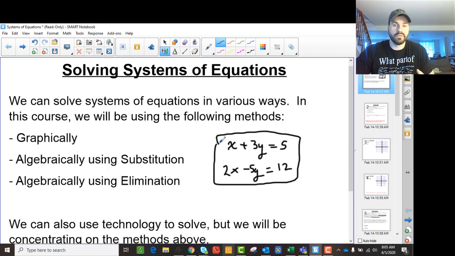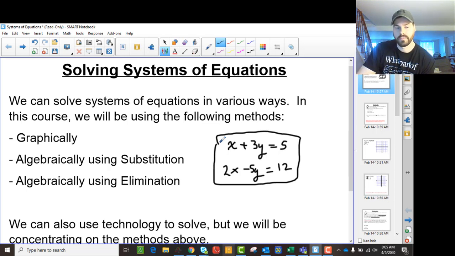Like I said, you can graph both of them and figure out where they intersect, or you can substitute one into the other, or you can find the same value in front of x or in front of y. So in other words, make them both 2x or both the same number in front of y, and then you can eliminate one of the variables. So when we're talking about a system of equations, that's what I mean. x plus 3y equals 5, 2x minus 5y equals 12.